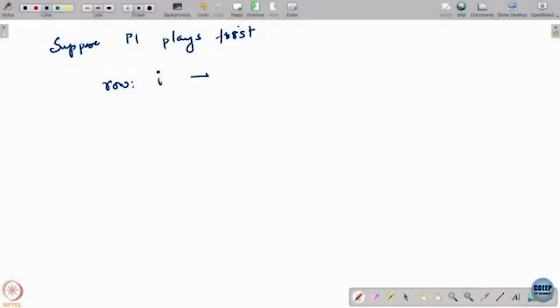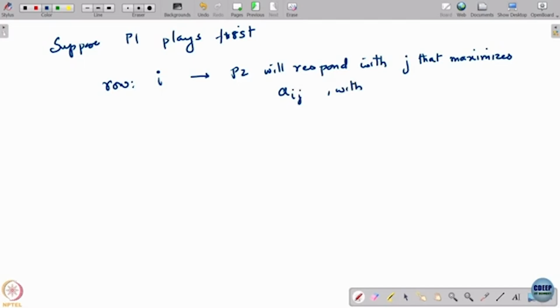Right. So I is known, so he has to look over the columns and see which column gives him the best payoff. So player 2 will respond with the j that maximizes aij, with I known.